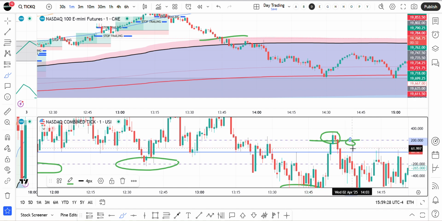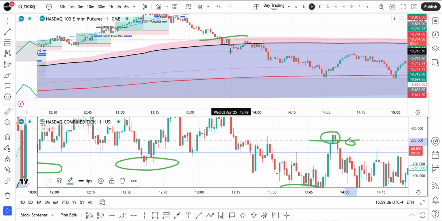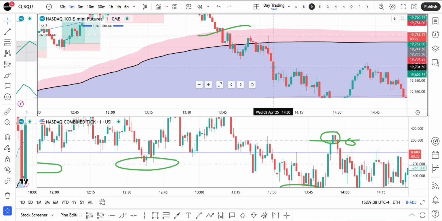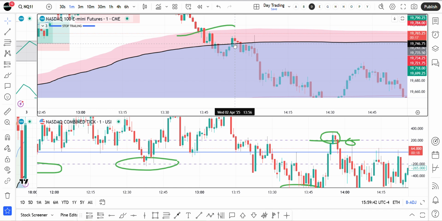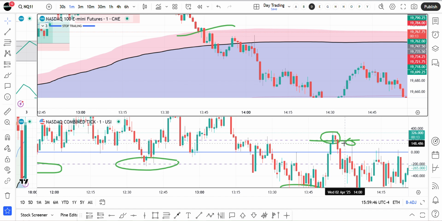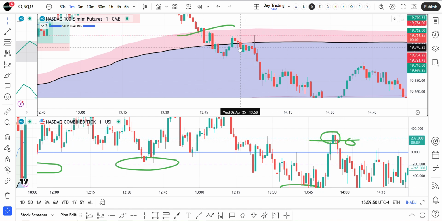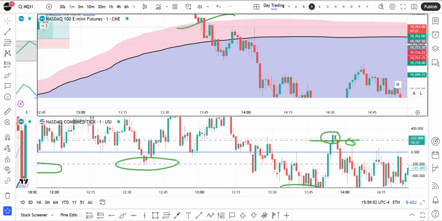And then 1403. So 1355, 1356. 1355, next candle, no. 1356, next candle, yes. 1356, 1357. So this could have been a short opportunity.